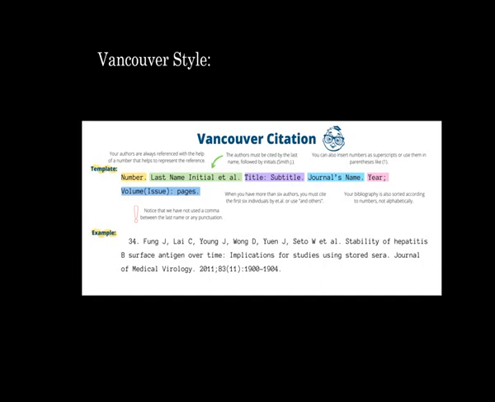And then we write the year. For example, this is 2022. Then a semicolon. Then we will write the volume and the issue, then pages. For example, volume 2001 semicolon 83 bracket 11 colon 1900 to 1904.